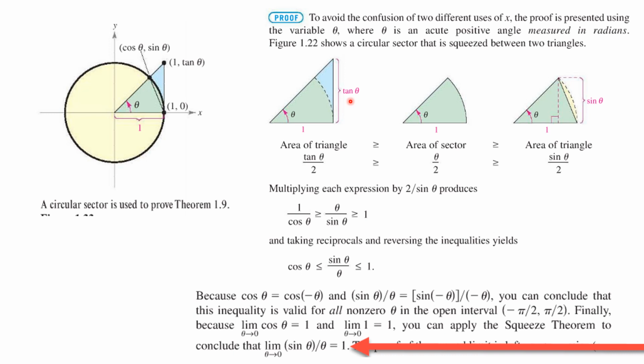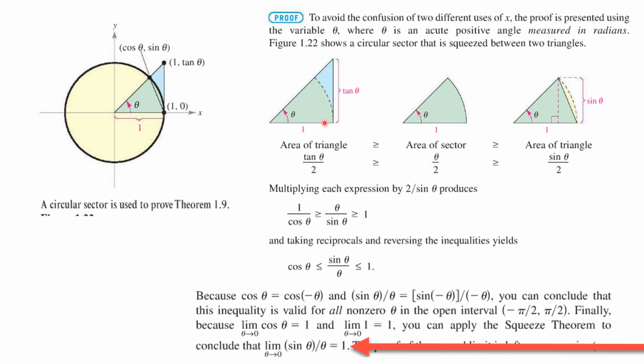So the tangent of theta over 1, the y over 1, is the tangent of theta. So the y is the tangent of theta.